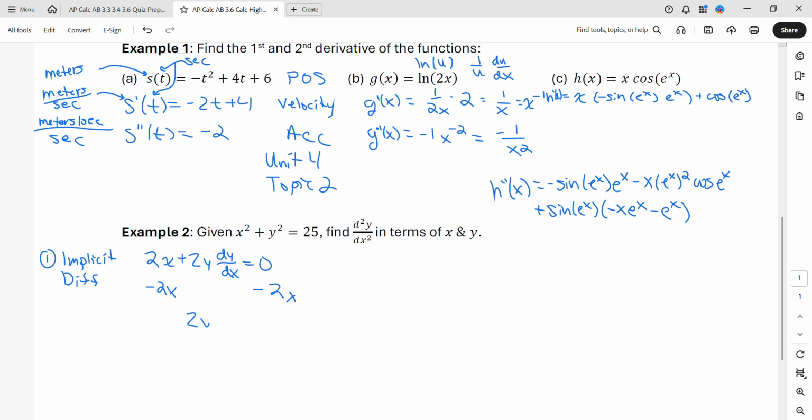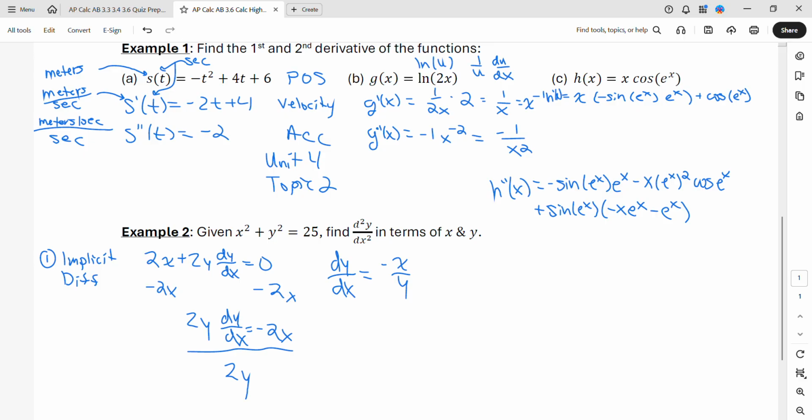So I have 2y dy dx equals negative 2x. Then I divide by the 2y. So negative 2x over 2y is negative x over y.